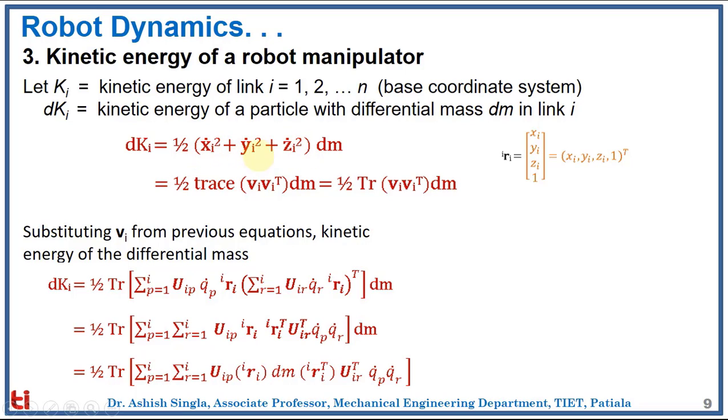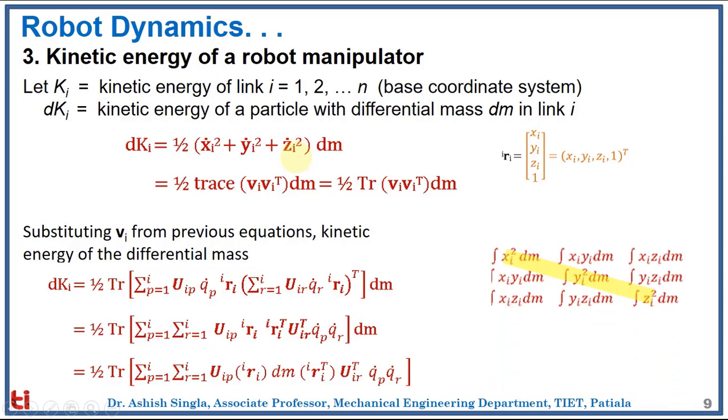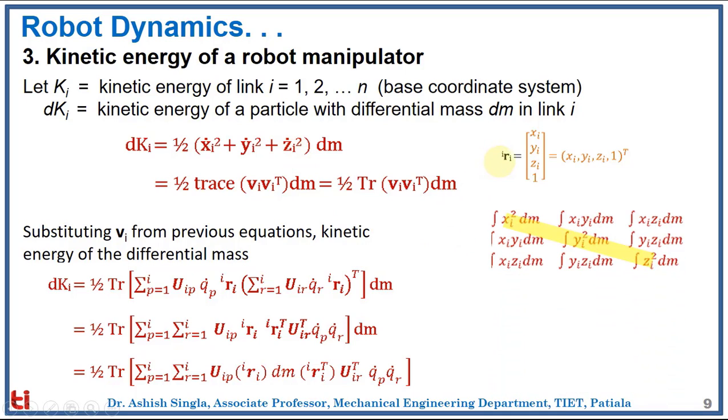Now how do we get these values? For example, we know that this point r can be defined by xi, yi, zi, 1. So when we multiply by r again, we get a term similar to this matrix, where xi square, yi square, zi square are actually the elements of the diagonal. And now that we have these terms, the sum of these terms will satisfy here.